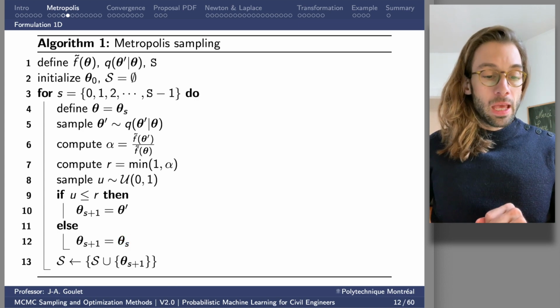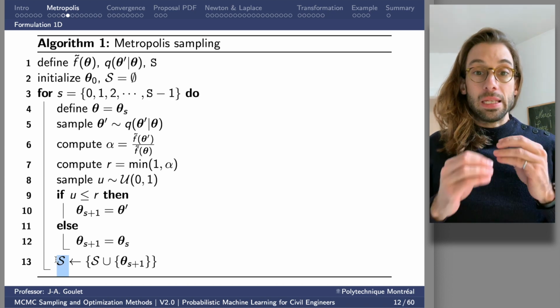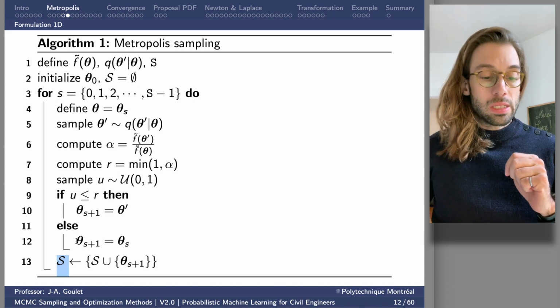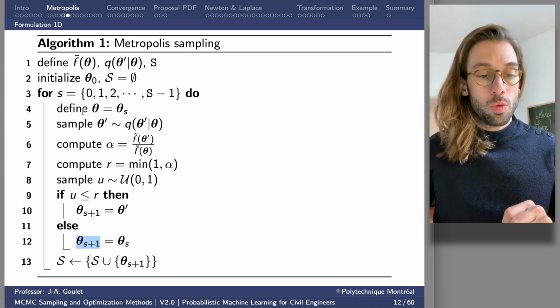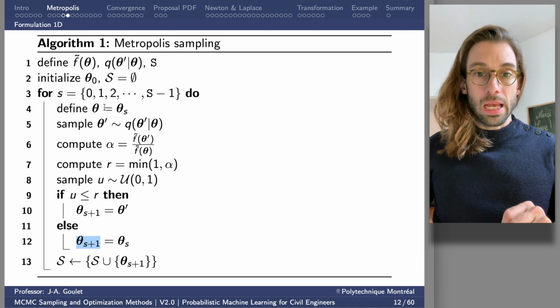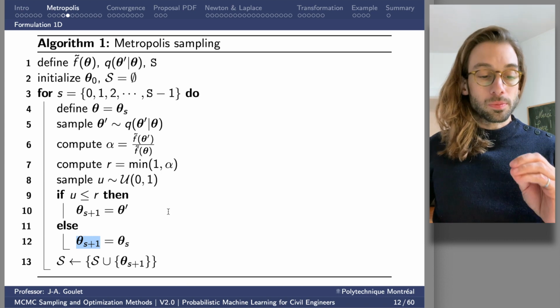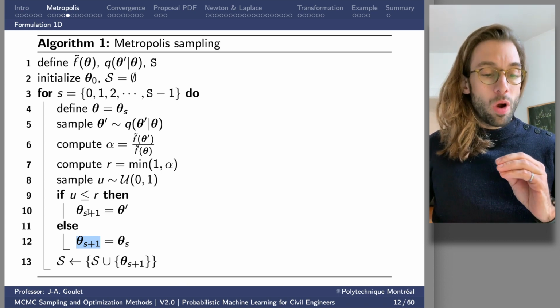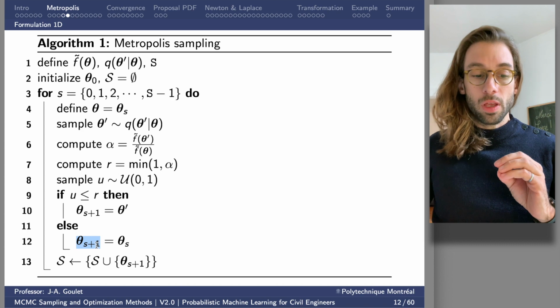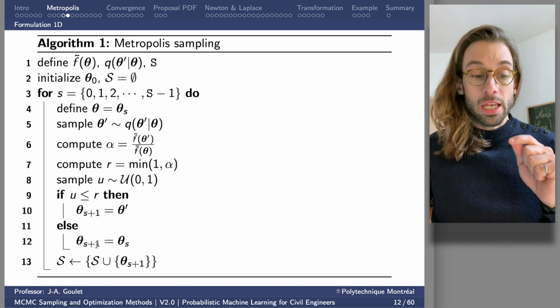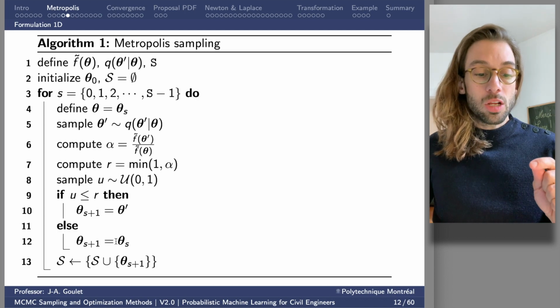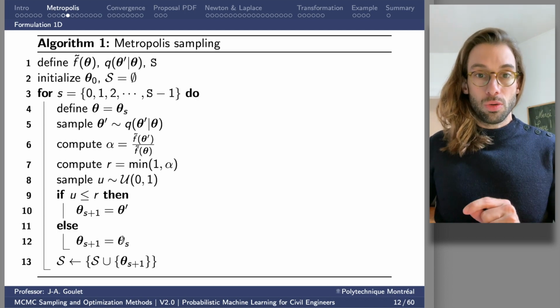Then I augment my set of samples with the new sample theta s plus 1, and I loop this over all my samples. Keep in mind, when you reject the move, it's not that you make trials until you accept. No, it's really that your next sample is the same as the current one.